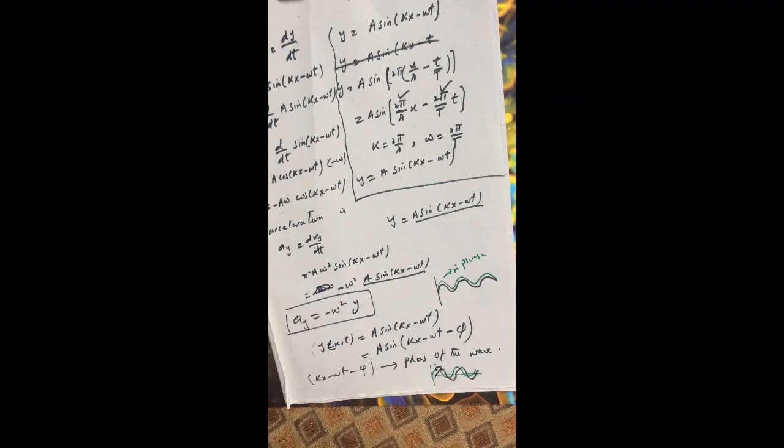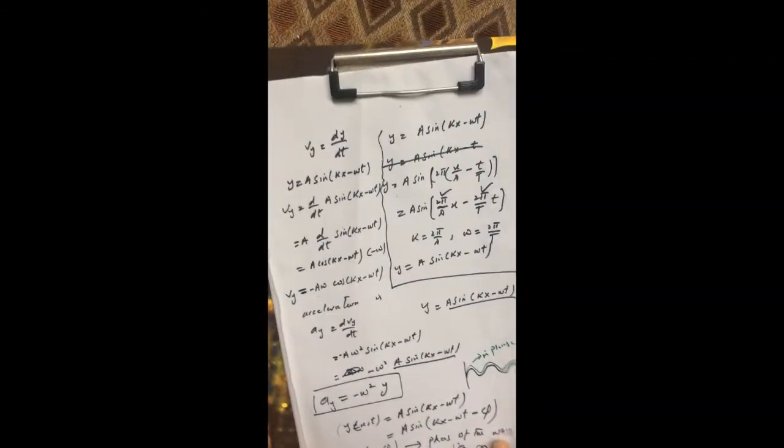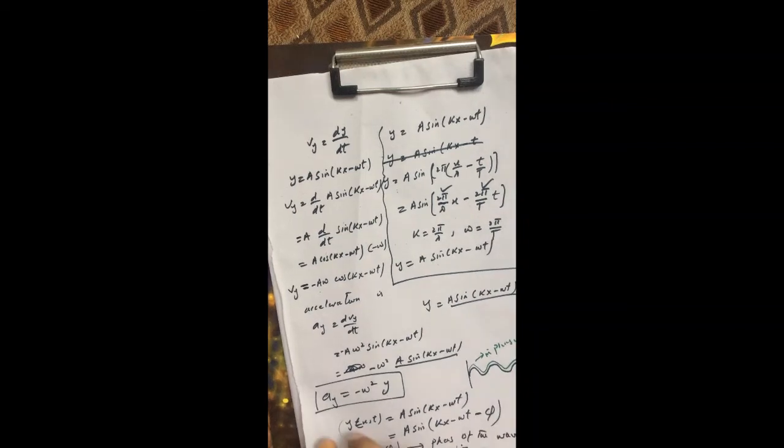So next we have the group velocity. How can we define group velocity?